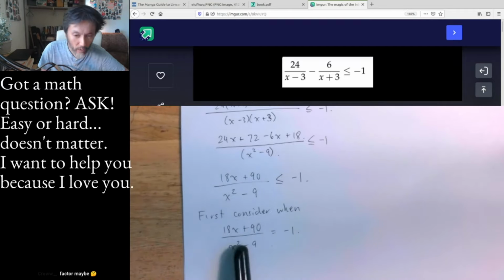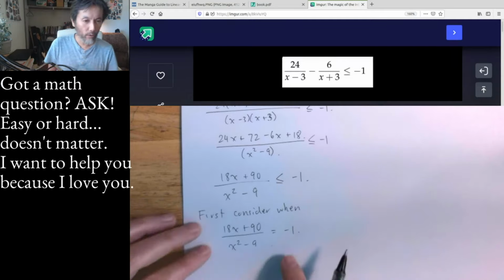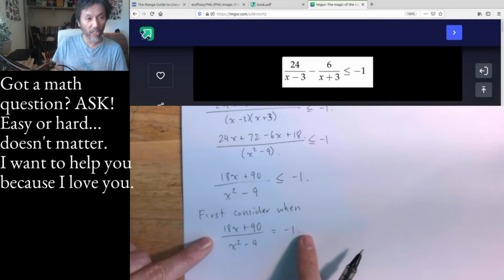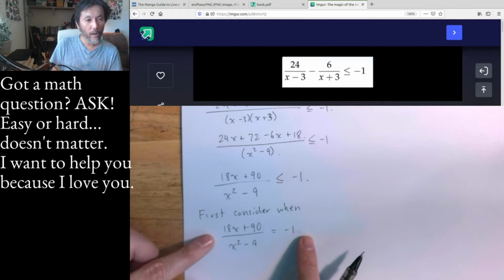So if you were faced with this problem, what would you do? Linux, if you were faced with this equation now, not an inequality, but this equation. I know you said you suck at equations, but can you think of a first good play that you might make in attacking this equation?